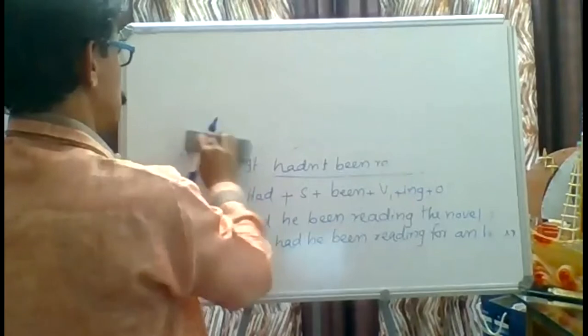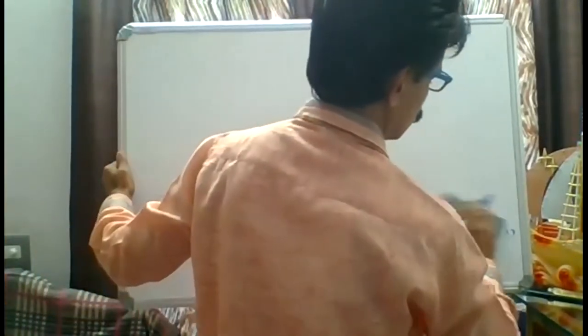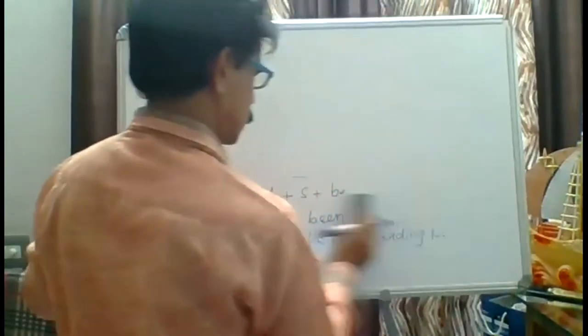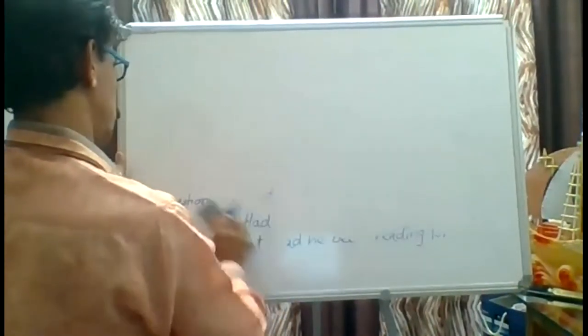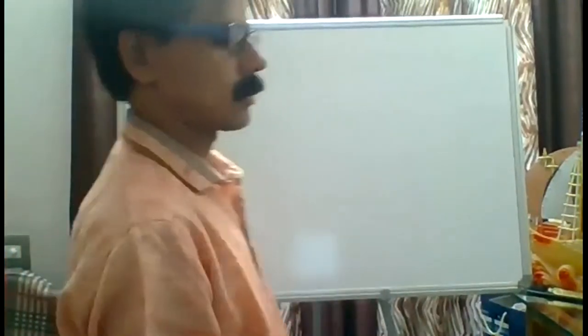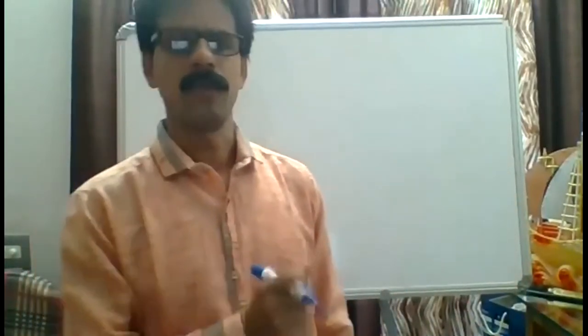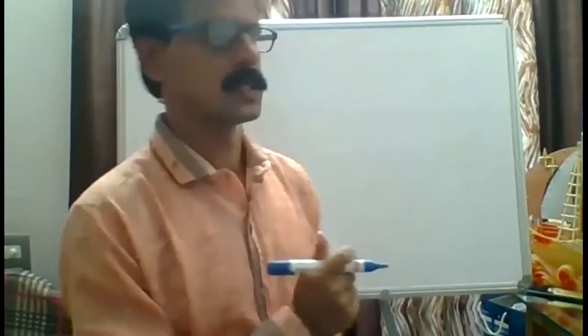What are the helping verbs you remember very clearly? That is will and shall. Future time reference words are will and shall. Shall is used with I and we, the first person singular and plural. And also will and shall are the two future reference words in all the sentences.